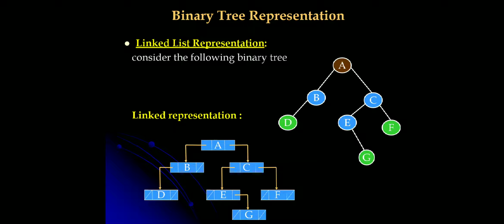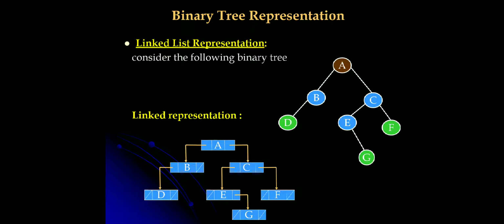This is how we can write the linked list representation. A is the root node, and in the left child field we store the left subtree address, and the right child field contains the right subtree address. Similarly for node B, the left child is node D, that address is stored in the L child field, and it does not have a right child, that's why it is null. And coming to node C, it has both left and right subtrees.